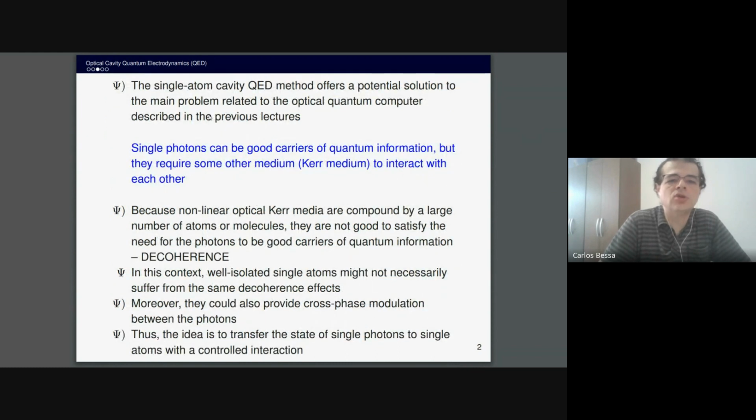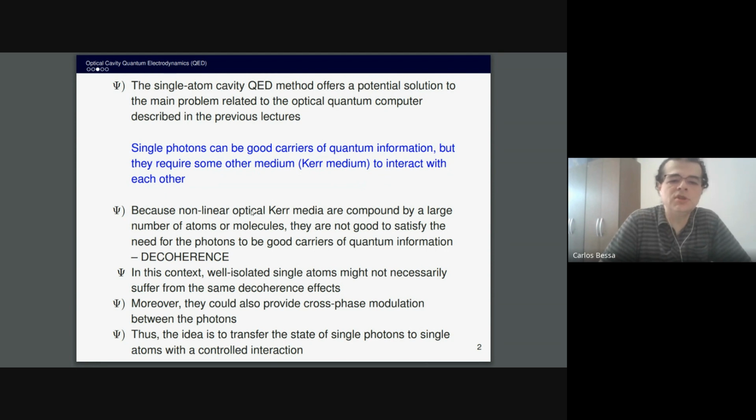The single atom cavity quantum electrodynamic method offers a potential solution to the main problem related to optical quantum computing described in the previous lectures. That is, single photons are good carriers of quantum information, but they require some other medium, the Kerr medium, to interact with each other, as we discussed, right?